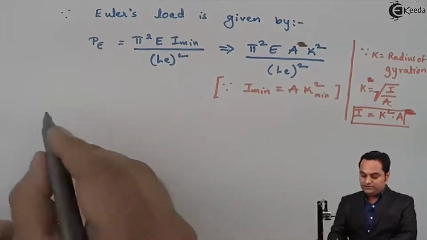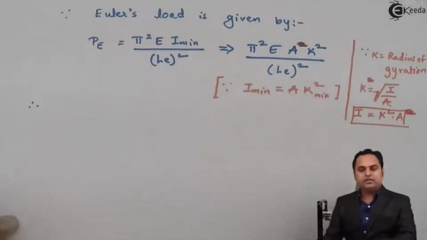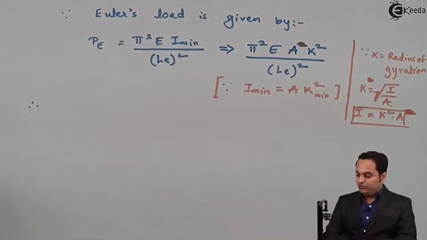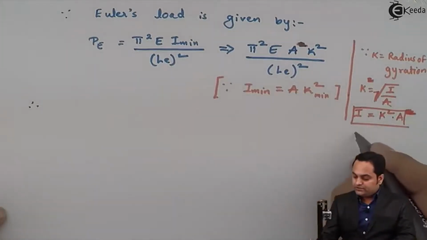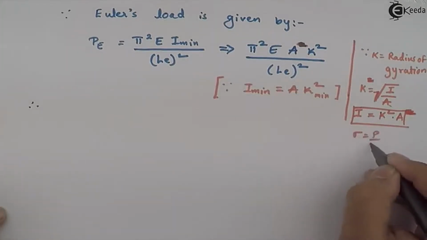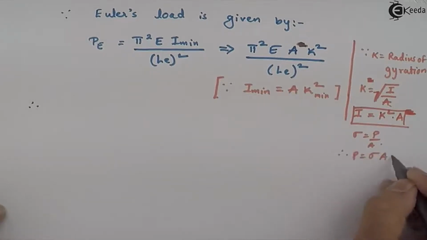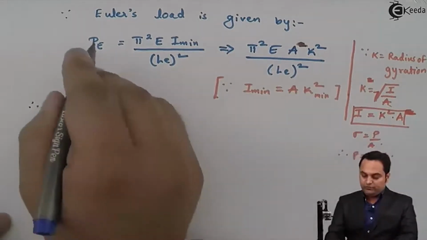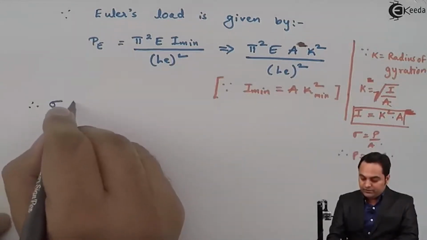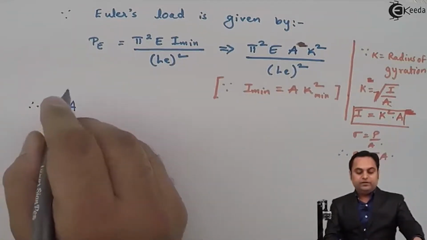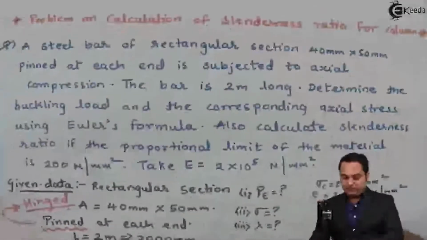Now after this, the Euler's load, since it is a load and we know that stress is equal to load upon area, so therefore load is equal to stress into area. So here I'll write down, instead of load, stress into area, and here this stress will be the limiting stress given in the problem.